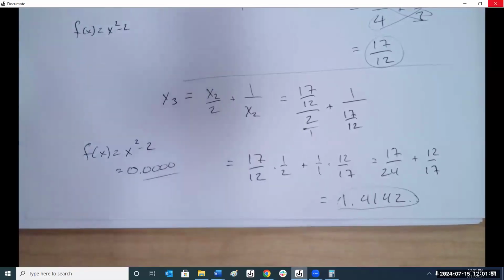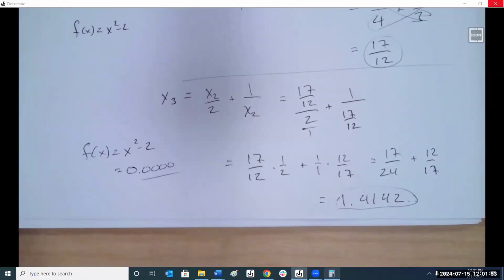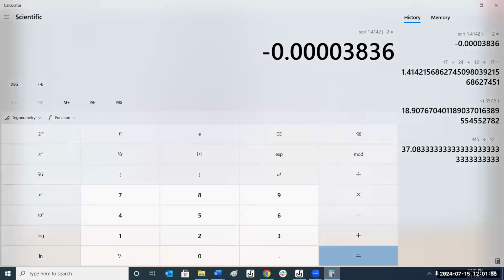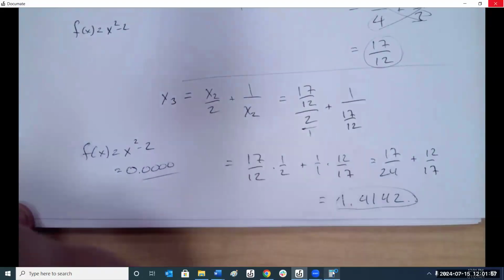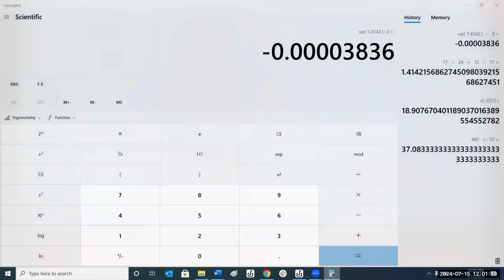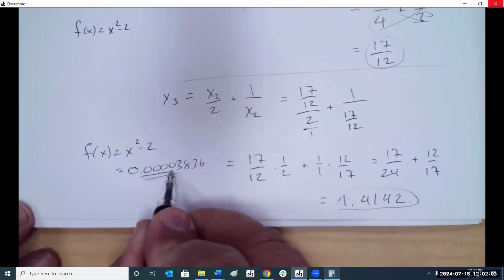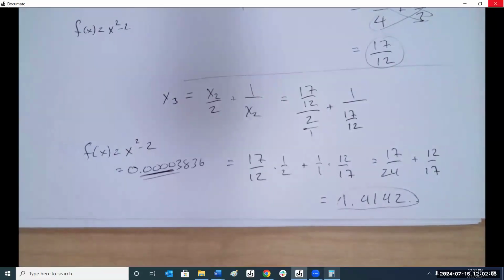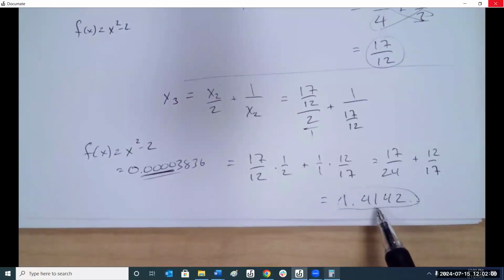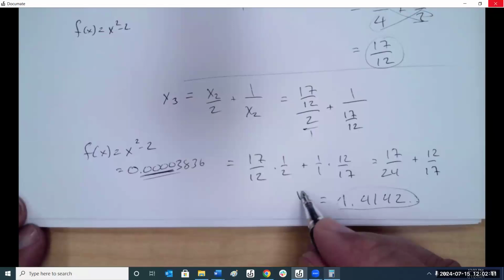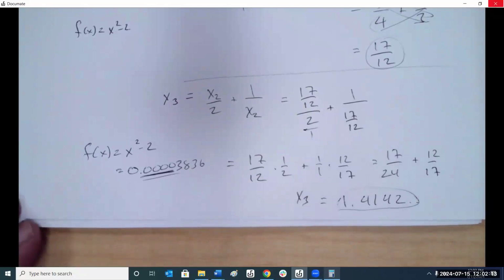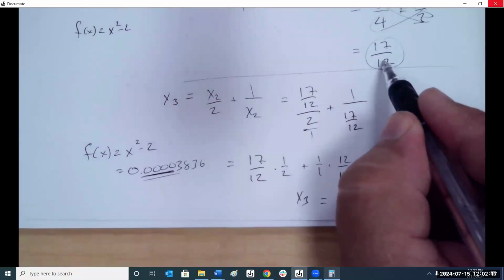So this tells us how accurate we are so far. So the next time, this is our x3. Okay, let's look at this one.